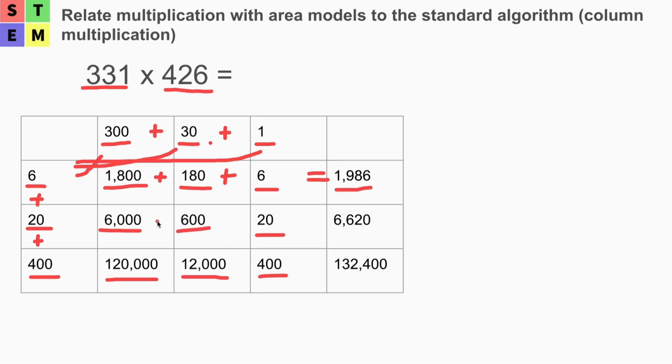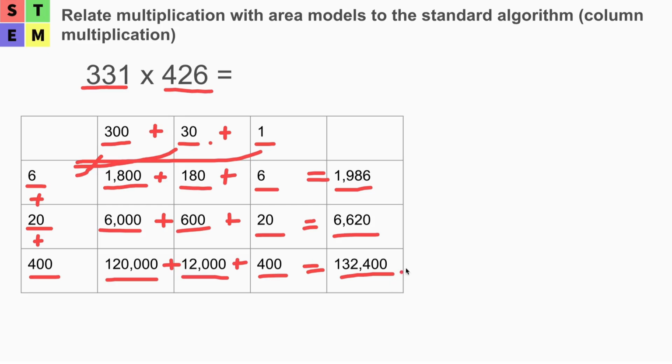The next one is 6,000 plus 600 plus 20, which equals 6,620. And then we have 120,000 plus 12,000 plus 400, which is 132,400.